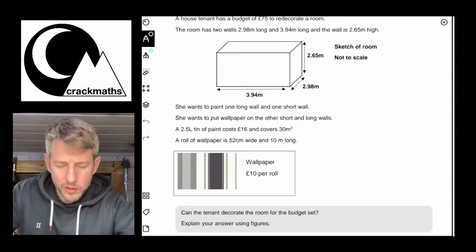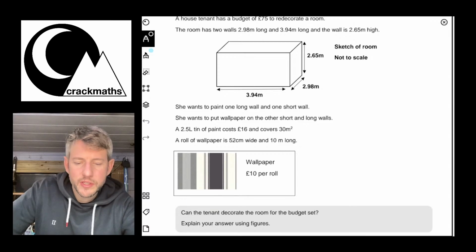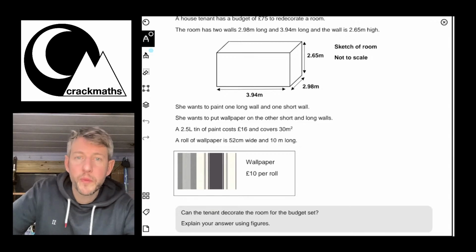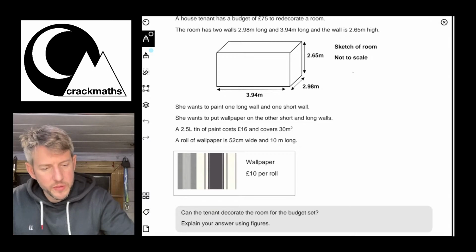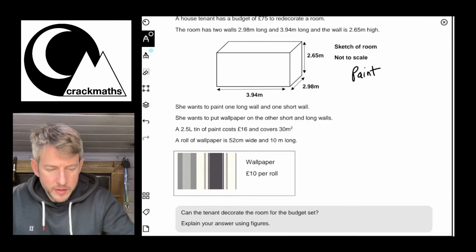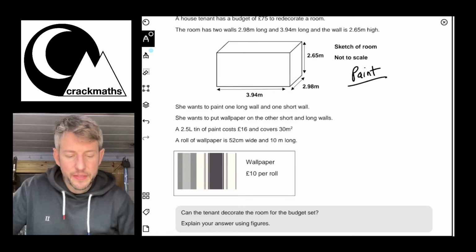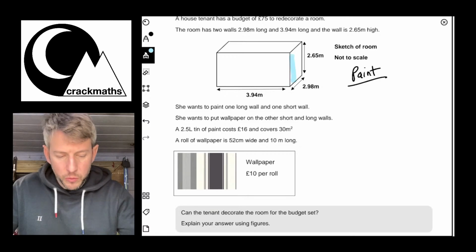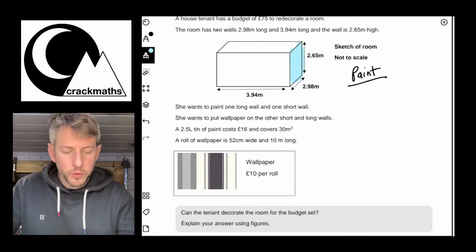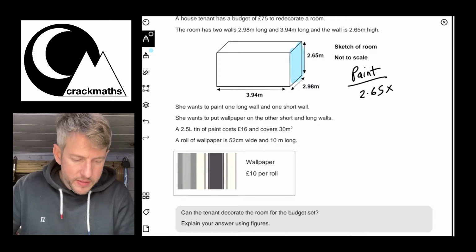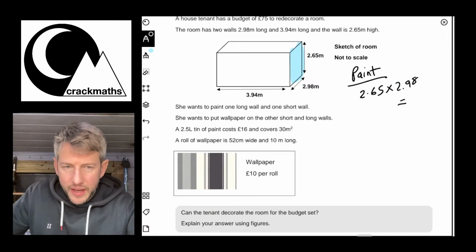Let's have a look. So, she has £75 to decorate the room. Let's work out the paint first. So we need to calculate the area of the wall. So let's do the short wall first. So this short wall is going to be 2.65 times 2.98. Okay, get out the calculator.